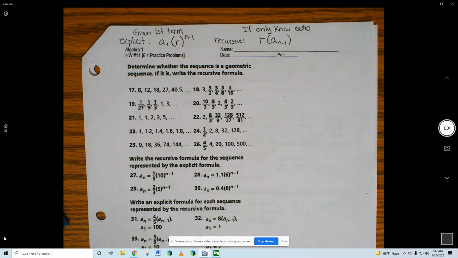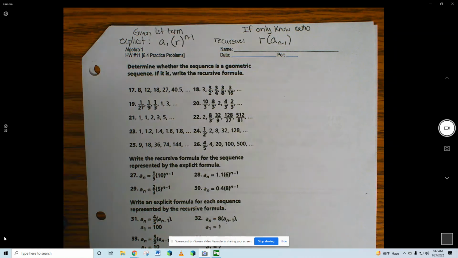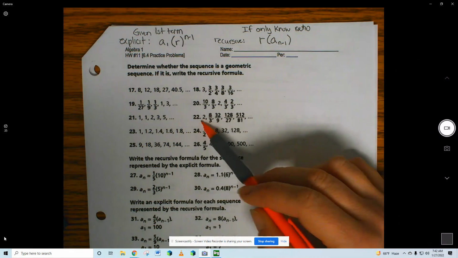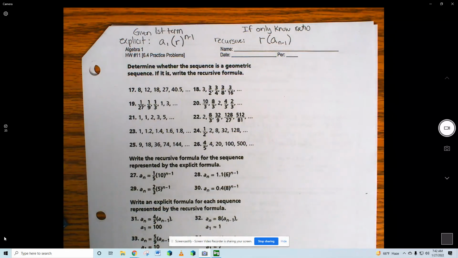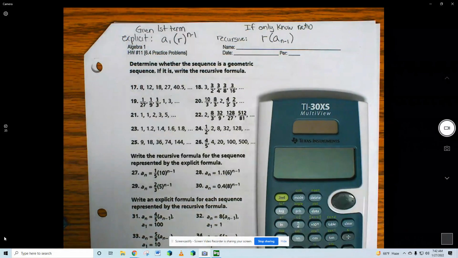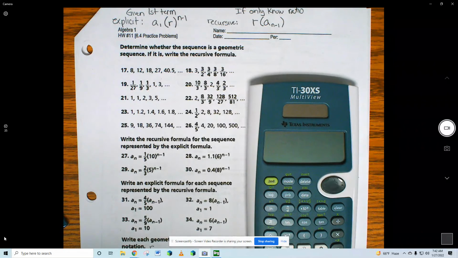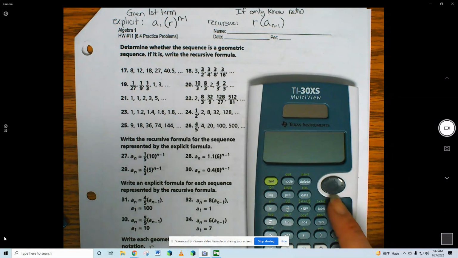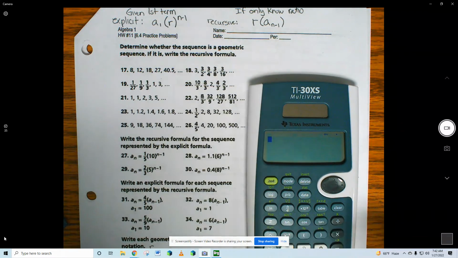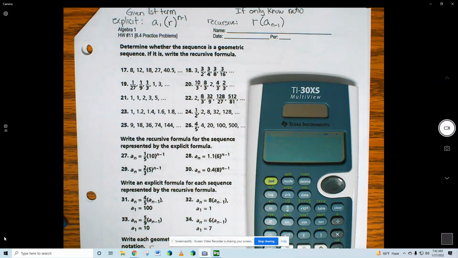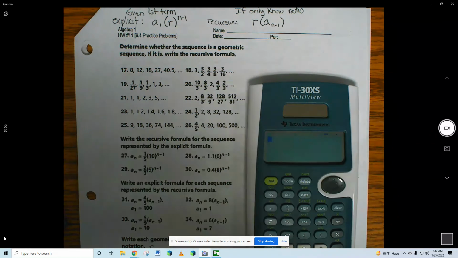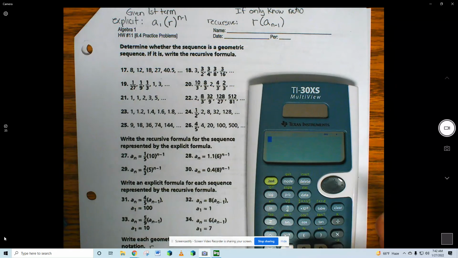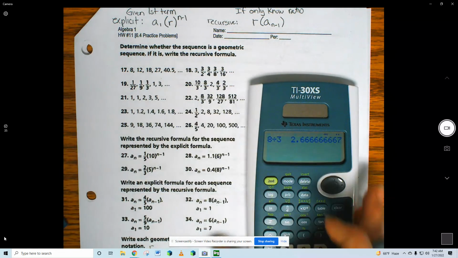Let me do 22. 22 is kind of complicated looking, isn't it? You guys, in your calculator, you need to figure out what 8/3 is. Because I need to know what these numbers really are, right? So it's like 8 divided by 3, 2.6.